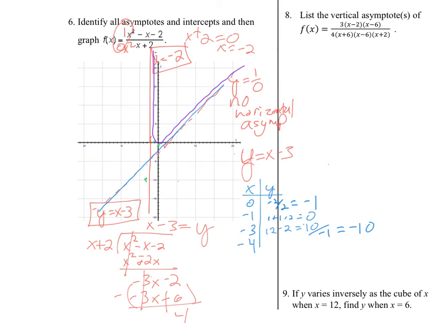-4 is 16 plus 4. That's 20. -2 is 18. So I get 18. Oops, I'm not in blue. 18 divided by -2. That gives me -9.